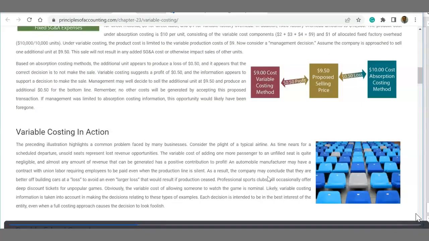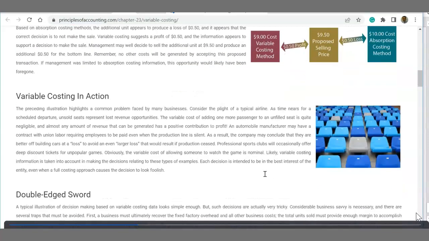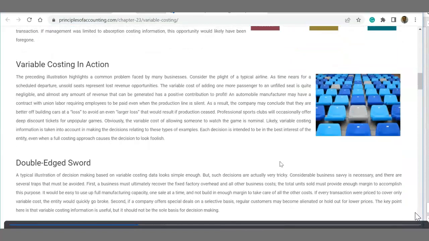Okay, so let's keep going a little bit down. Let's look at this airline idea. As time nears for scheduled departure, unsold seats represent lost revenue opportunities, right? If there is any seat that is still unsold, that's a lost opportunity for the airline.